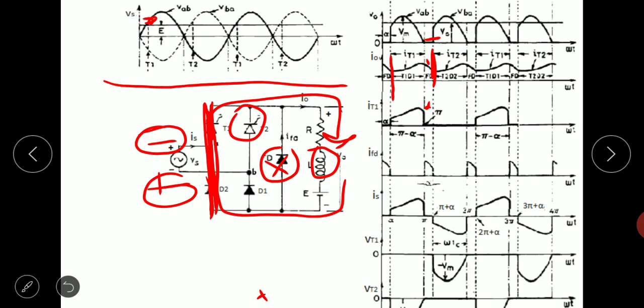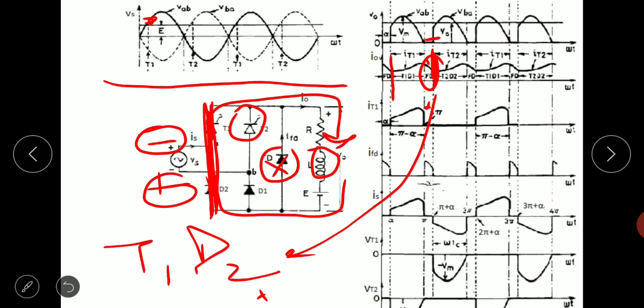This is called virtual freewheeling. This freewheeling portion is through thyristor T1 and diode D2.